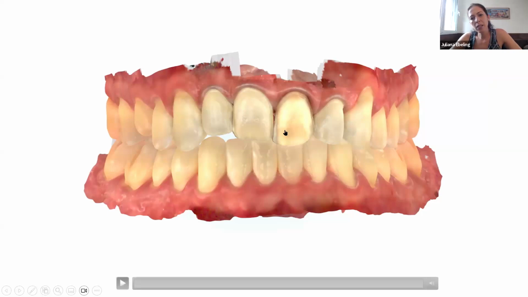We negotiated the aesthetics with the patient because I had an endodontic treatment with a lot of structure lost on the palatal surface, and this tooth didn't move, and we had a difference between the position of these two teeth.